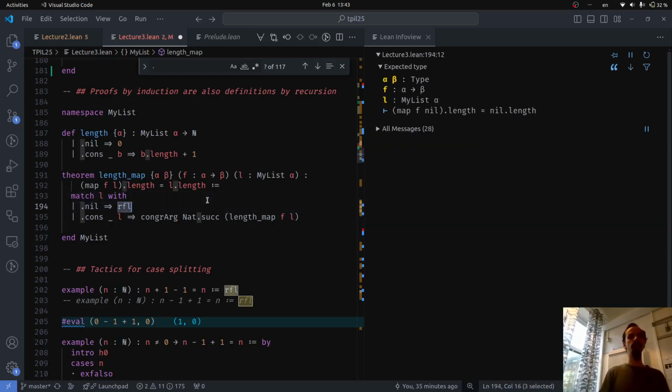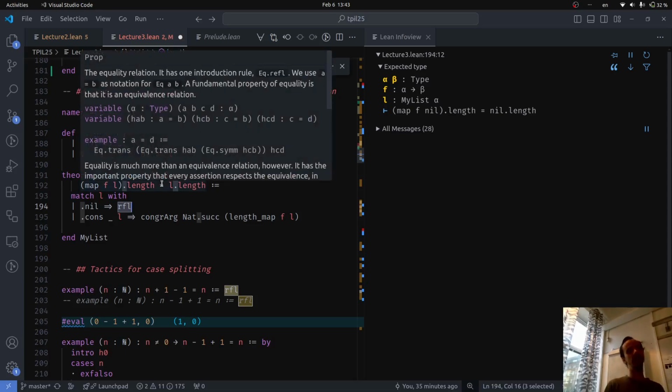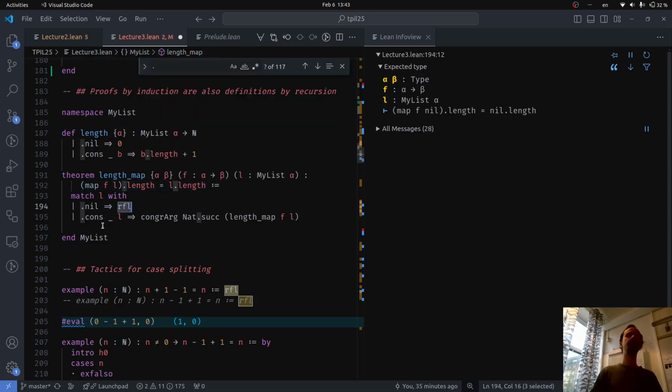But this is not going to work if you're trying to prove something else is reflexive. This is only for equality.